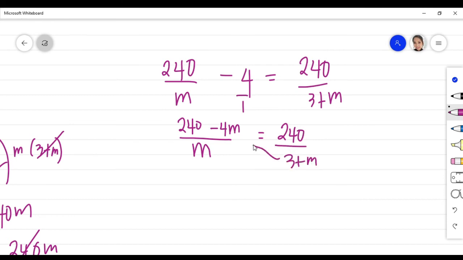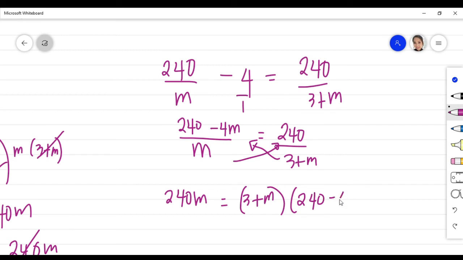So doing cross multiplication, we can apply that one now. M times 240, so that becomes 240m. And then 3 plus m, we have to multiply it to 240 minus 4m. Since both are binomials, we have to place it inside a parenthesis.